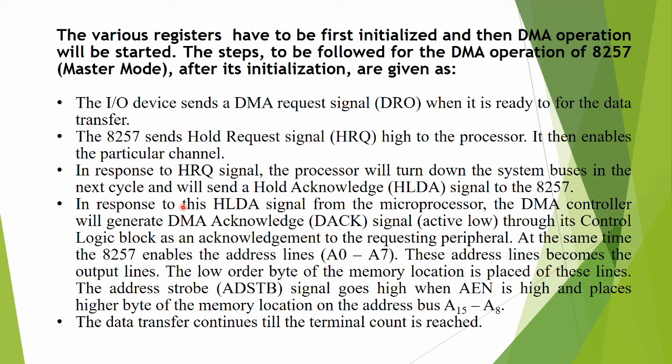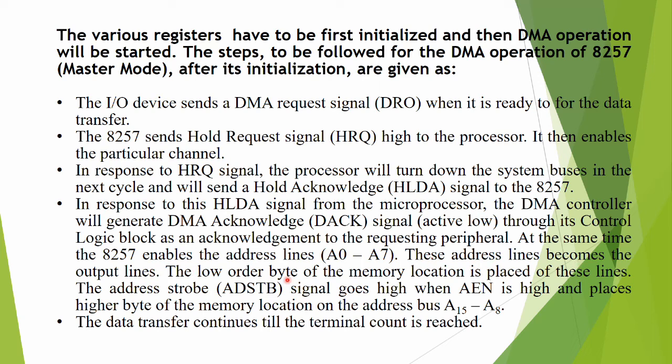In response to this HLDA signal from the microprocessor, the DMA controller will generate DMA acknowledge, which is active low, through its control logic block as an acknowledgement to the requesting peripheral. At the same time, 8257 enables the address lines A0 to A7. These address lines become the output lines.